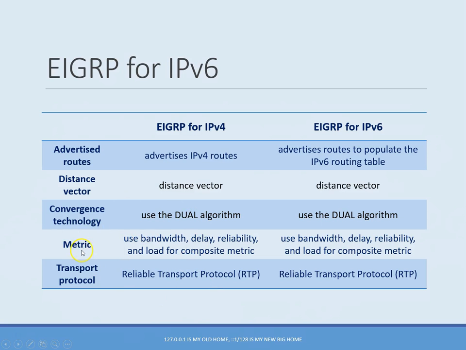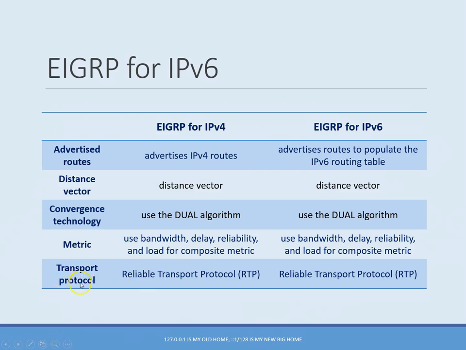And in terms of metric, both of them use bandwidth, delay, reliability, and load for their composite metric. Only bandwidth and delay are used by default, and you can use reliability and load if you want more metrics.